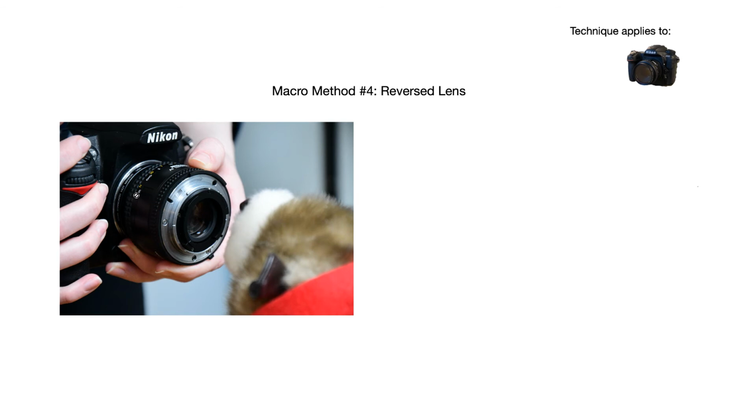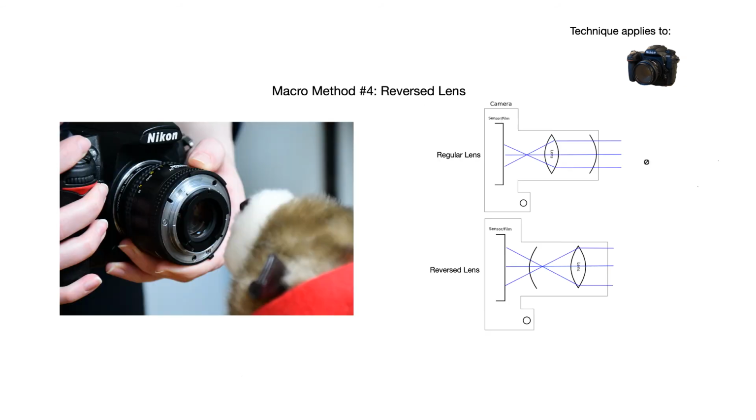Just like the extension tube technique that we talked about, you're also going to lose control of autofocus and aperture, so focus is going to have to be done by moving back and forth, and aperture will have to be done either manually or using the lever on the back of the lens. Now, the way this technique works is that by reversing the lens, we're moving the main focus element.